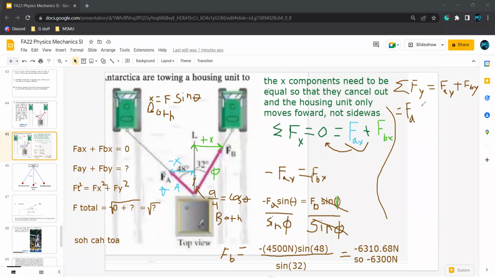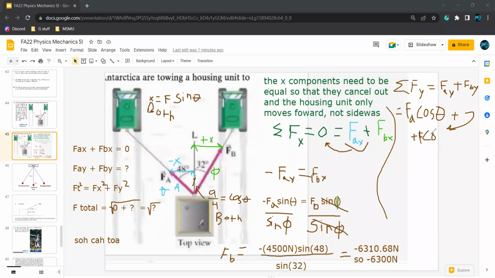FA cosine, that one's theta, plus, I'll just write it down here, FB cosine psi.